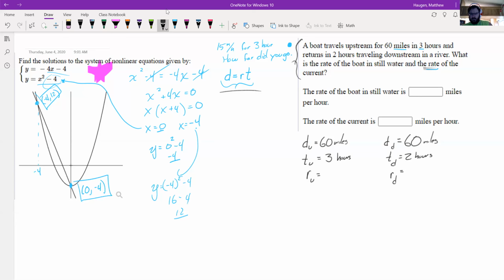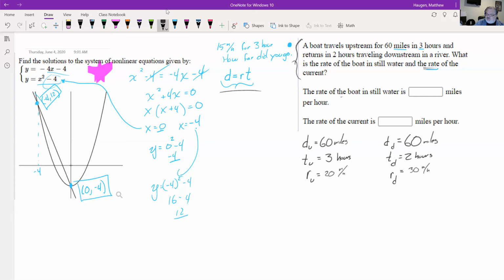We could calculate those rates real quick, we just divide. So 20 miles an hour and 30 miles an hour, right? But it's not what we're asked. So we could write those down: 20 miles per hour and 30 miles per hour.